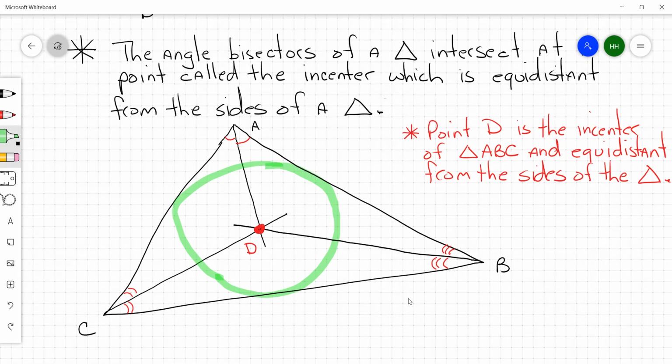Point D is the center of that circle. That's why point D is the same distance from the sides of the triangle. D is the same distance from the sides of the triangle because it's the center of the circle.